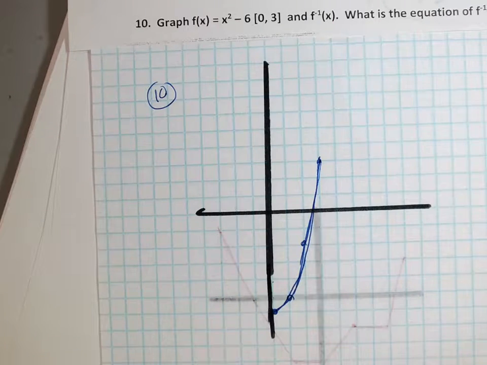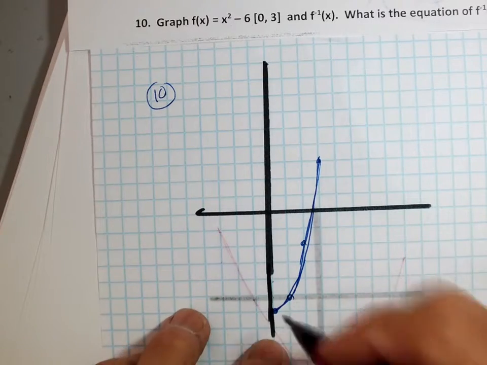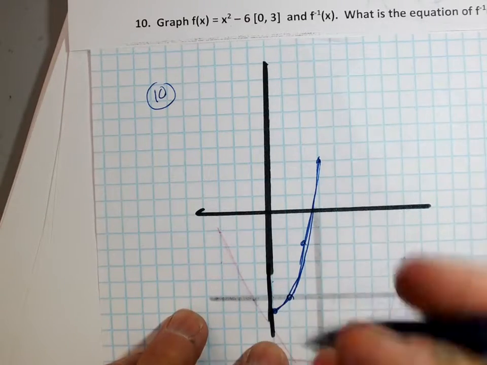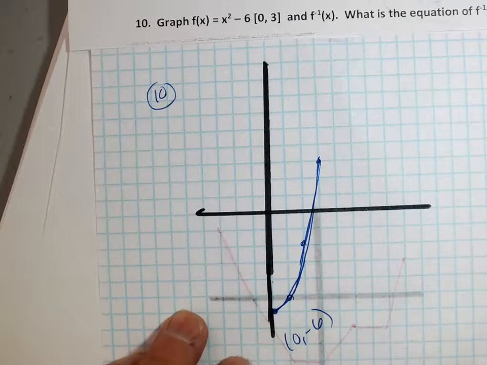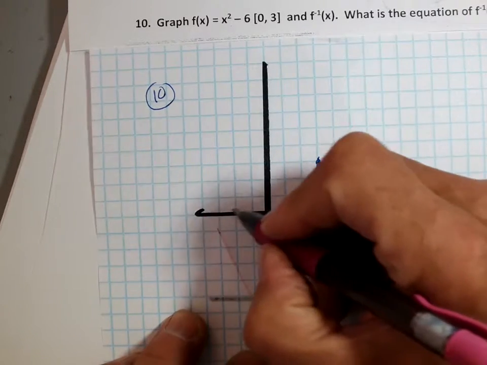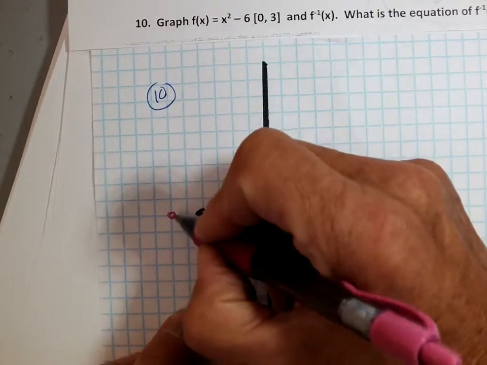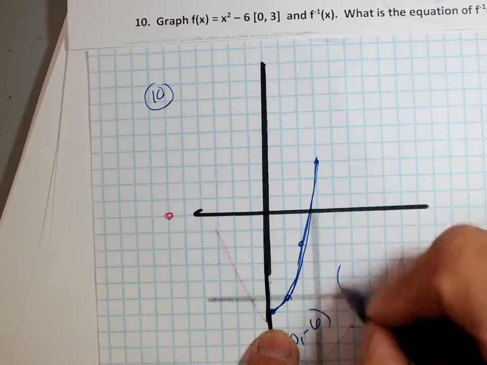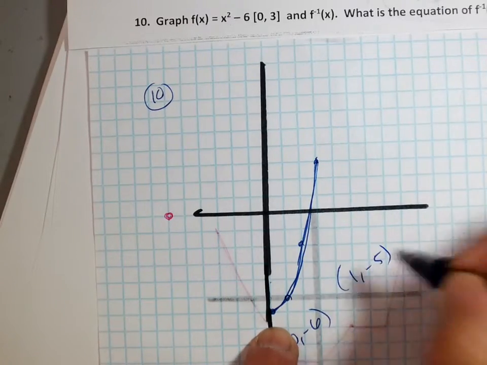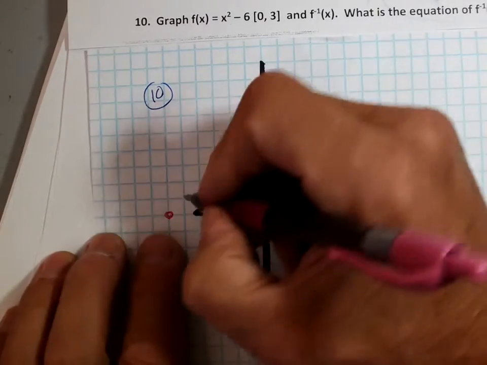Okay? Now, the inverse. So to do the inverse, let's just move points. Okay? So this is a point at 0, -6. So its inverse is at -6, 0. 1, 2, 3, 4, 5, 6. Okay? Just flip-flopping points. This point is at 1, -5, so flip-flop it to -5, 1.